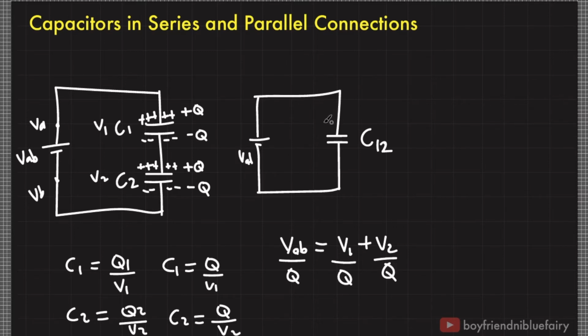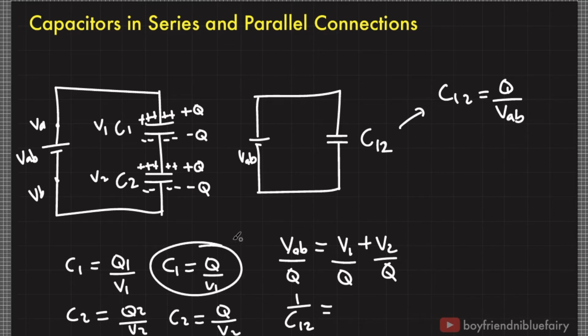notice that the equivalent capacitance is equal to the charge over the entire voltage of the battery. Therefore, this is the equivalent capacitance, 1 over C sub EQ, and V sub 1 over Q is this one. So 1 over C sub 1 plus 1 over C sub 2.